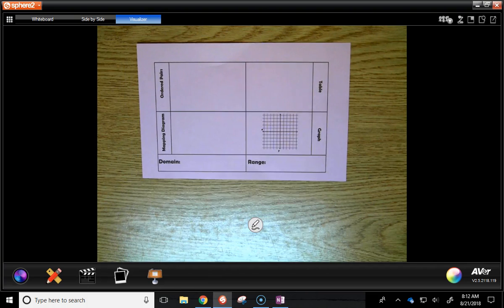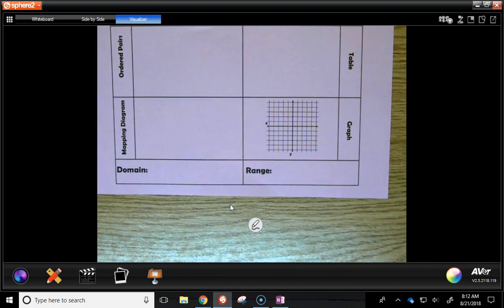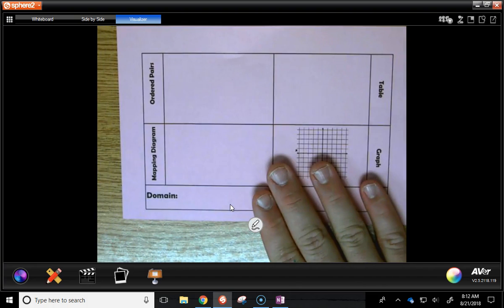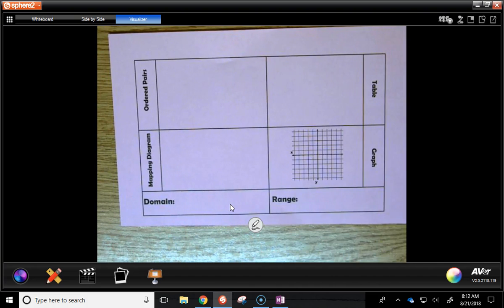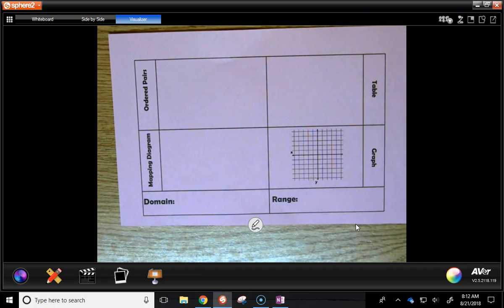Okay, on your sheet that you have here, we're going to try and make sure that we understand what all this looks like. So, first thing, the difference. This is just different ways that we write our domain and our range. The first thing is we can have ordered pairs.